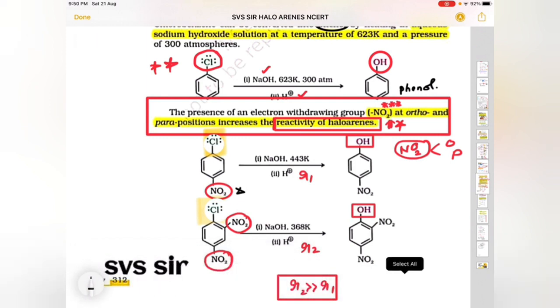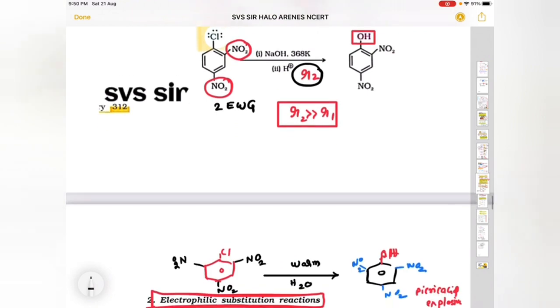At para position we have NO2 group. Just chlorine is replaced by OH group. Similarly, for example, we have 2 electron withdrawing groups here. Let us take reactivity R1 and reactivity R2. R2 is always greater than R1.